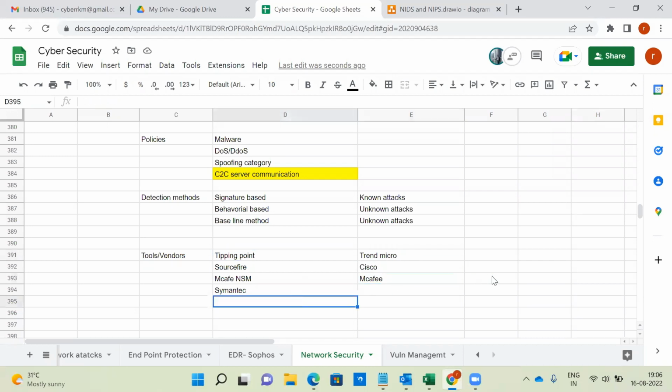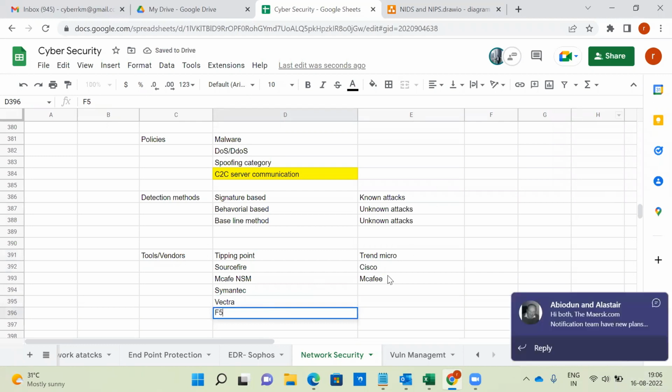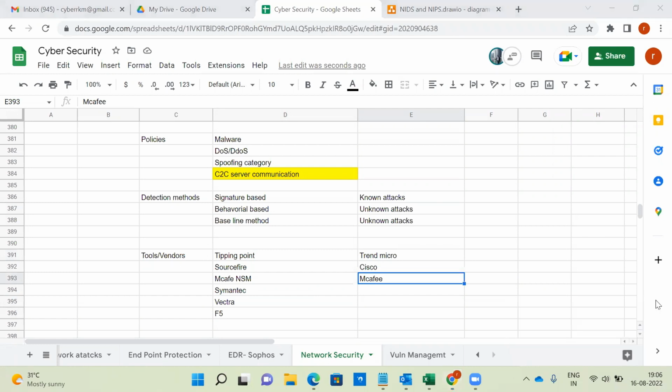Vectra is also commercial, you are right. FireEye also commercial. Open source. FortiGate. Snort, sir. Snort, yes, you are right. Give me just one second.